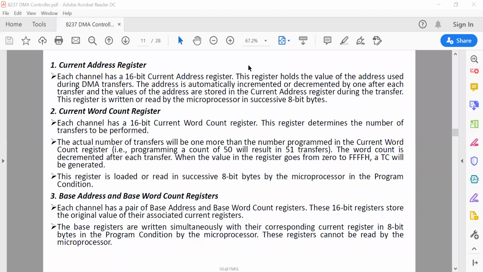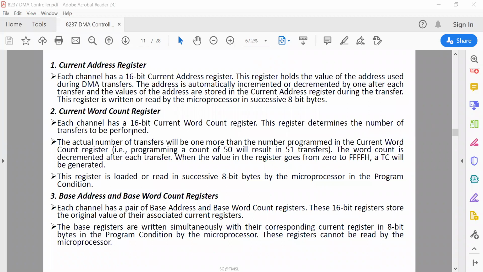This can be byte-wise programmed by the CPU, the lower byte first and the higher byte later. This may be reinitialized by an auto initialization command to its original value after the end of process signal.